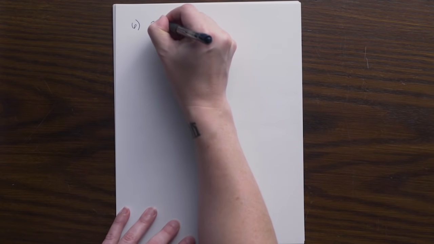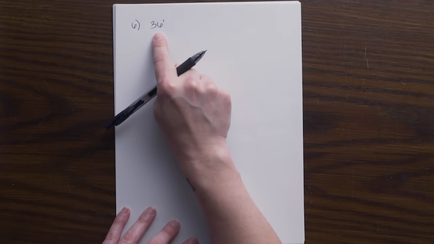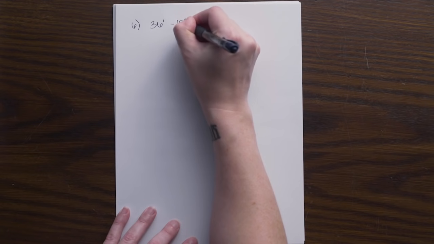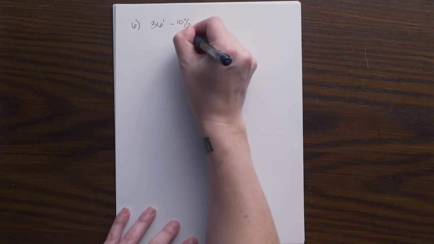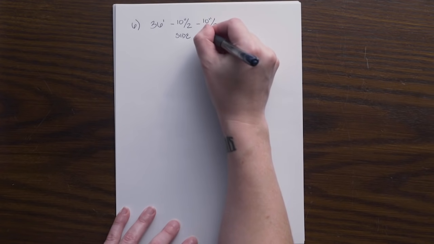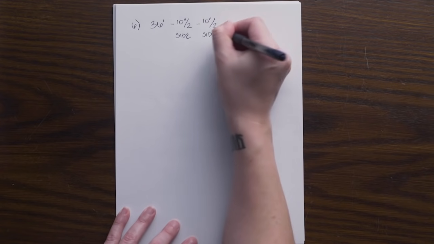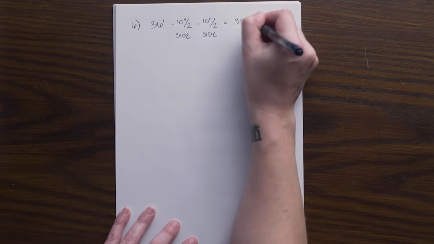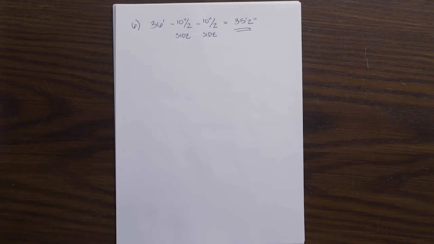So we start with our 36-foot overall length of our foundation, and again we subtract half of each of our sides, and in this case, because we have 10 inches not 8 inches, we're actually subtracting 5 for each one of those. 35 feet 2 inches is now the center line length for our foundation.